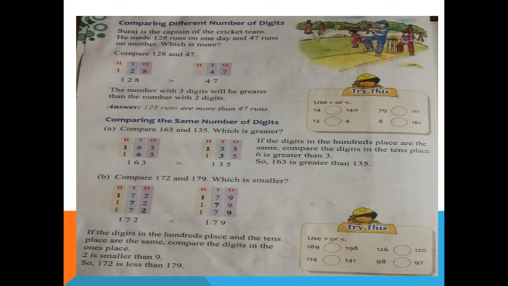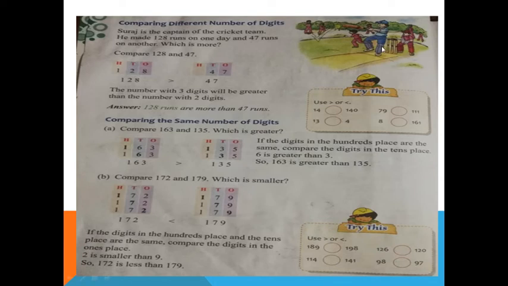Okay, comparing different numbers of digits. Here we are taking some examples. Please read this chapter carefully, then you will know about the greater than and less than signs. Suraj is the captain of the cricket team. You can see the picture.